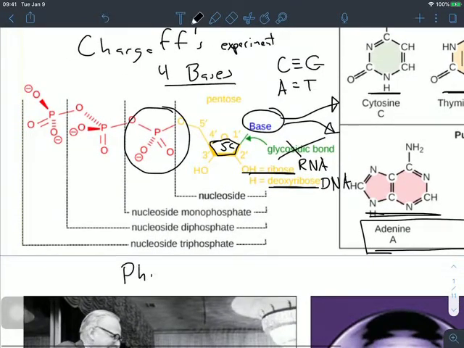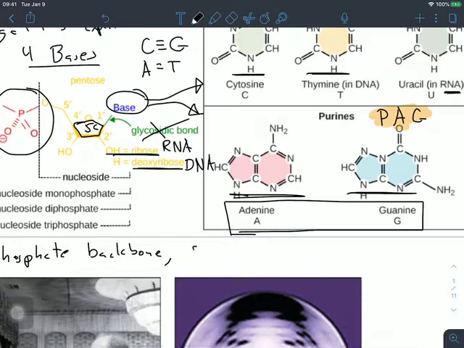A phosphate backbone, a sugar ladder, either ribose or deoxyribose, and a nucleotide middle.